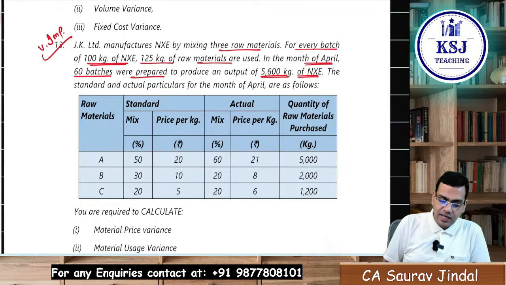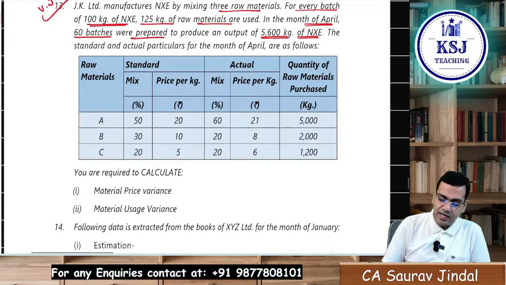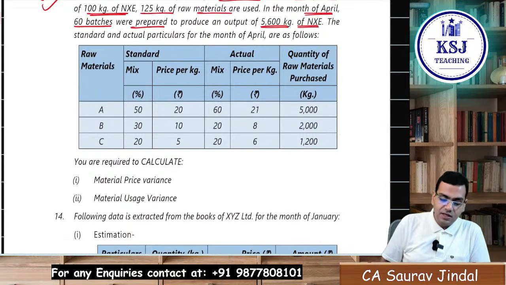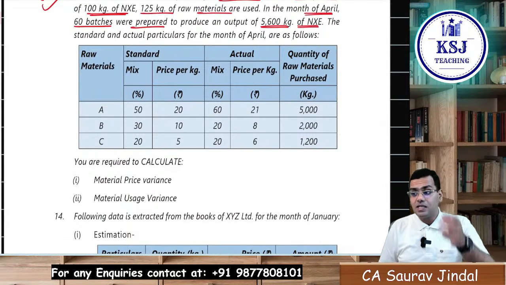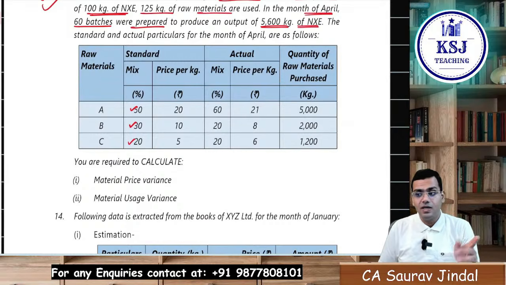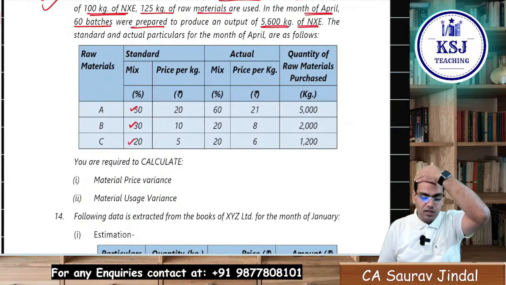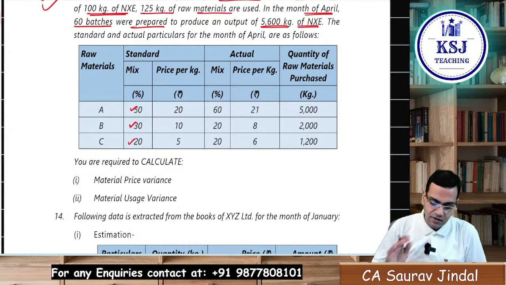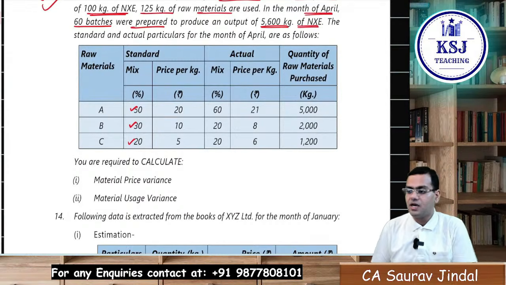The standard and actual particulars for April are given. Raw materials A, B, C, standard mixture 50%, 30% and 20%. The actual quantity is not given, but the mixture is given. Price per kg is given, the actuals are given, and the quantity of raw material purchased is given. You are required to calculate the material price and usage variance.